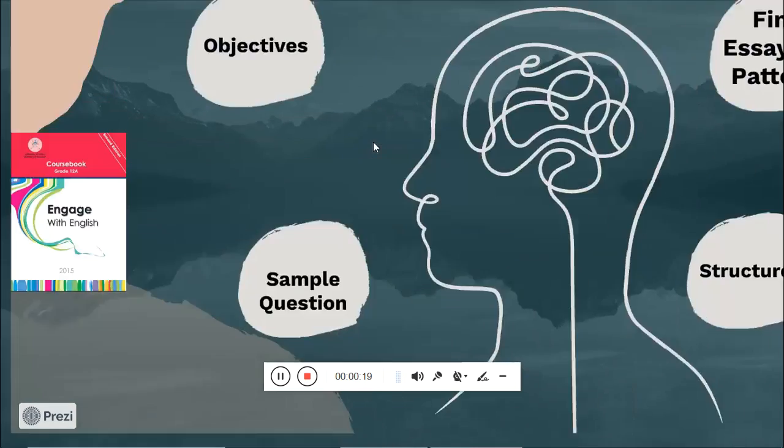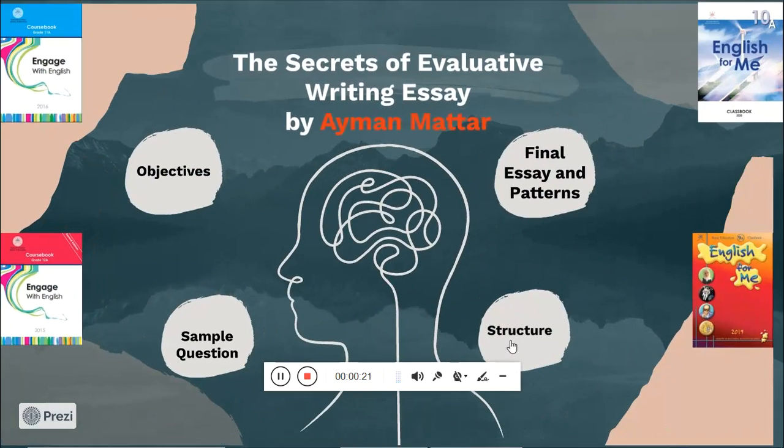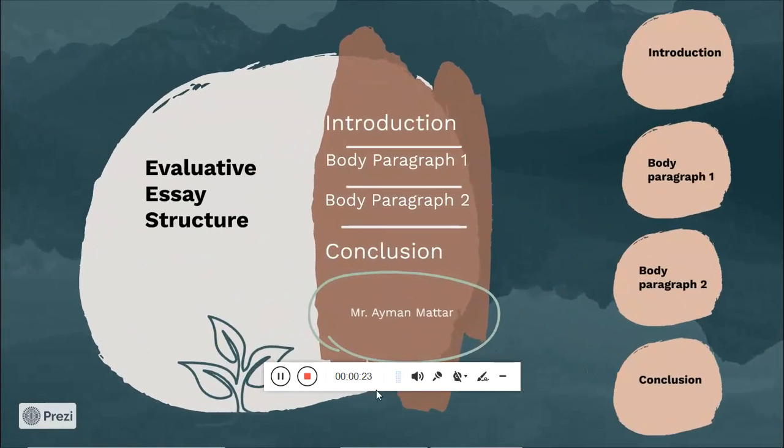Now, let's turn to the structure of this question. The structure of the evaluative essay contains an introduction, body paragraph 1, body paragraph 2, then finally a conclusion.